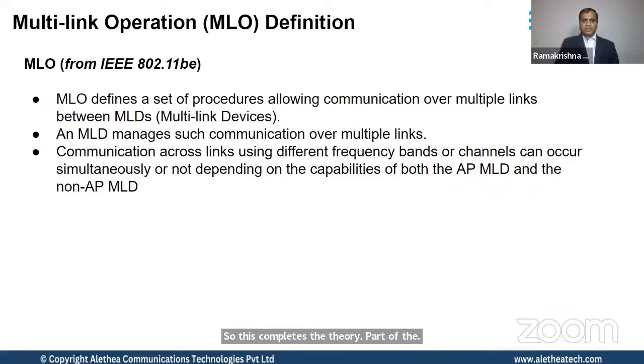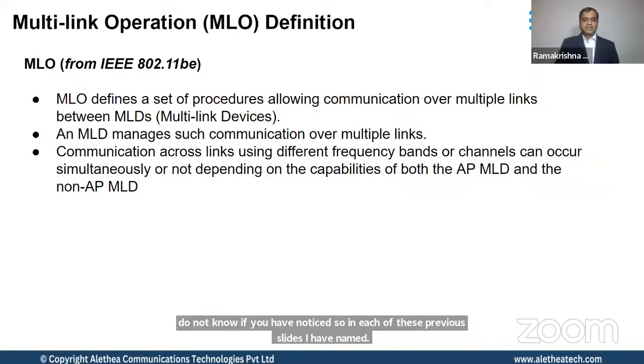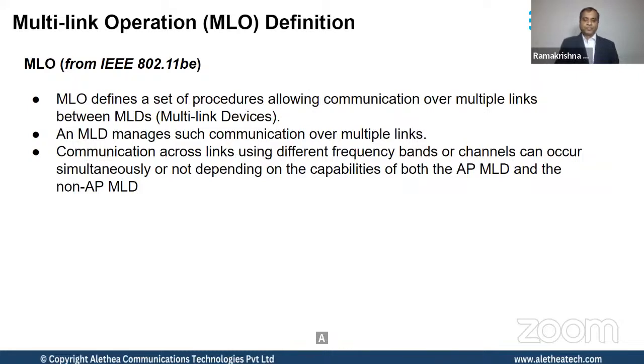Now we would introduce some definitions. I do not know if you have noticed, in each of these previous slides, I have named the AP as APMLD and the station as non-APMLD. So there is this fundamental change in the way the client and the AP are addressed.